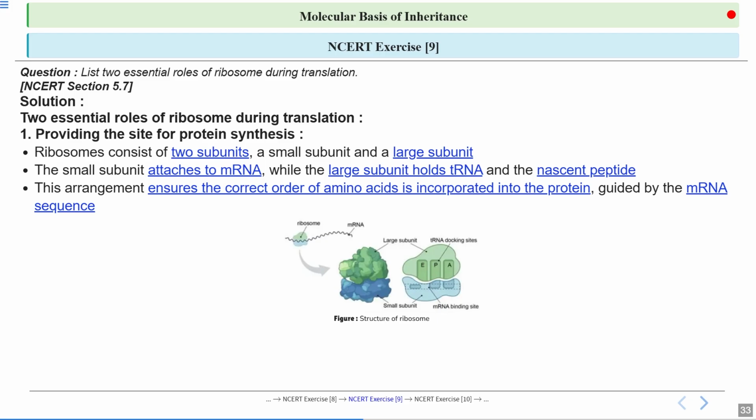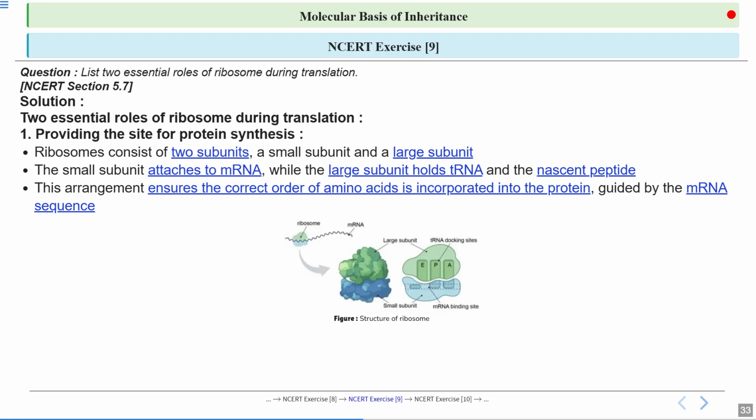So what it is trying to tell us is that, first of all, this ribosome is providing the site for protein synthesis. How? This ribosome consists of 2 subunits, one smaller and the other larger.